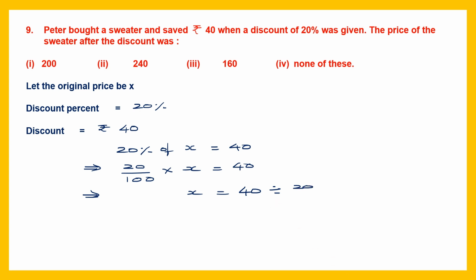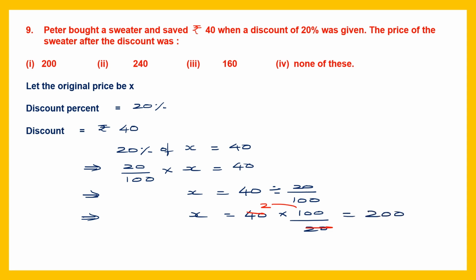This means that x is equal to 40 into the reciprocal, 100 by 20. Now we can cancel 20 and 40. 2. Now multiply the numerators. 2 into 100 is 200.